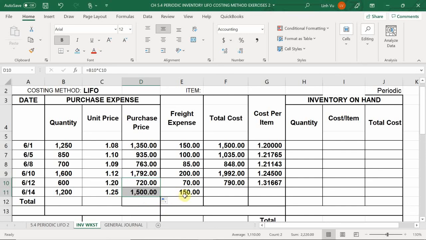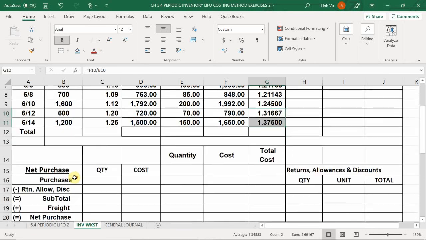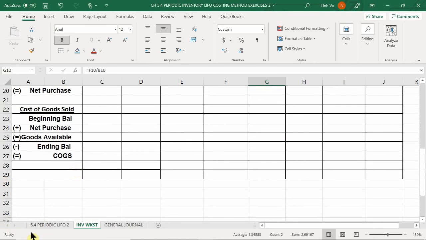Okay, plus 150 gives me my total cost of $16.50, which then brings my cost per item to be $1.38. Okay, so I take my total cost of $16.50 and I divide it by my total quantity of 1,200 to get $1.375. Okay.